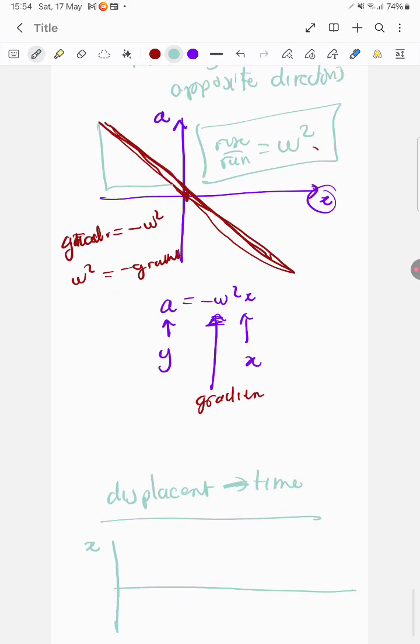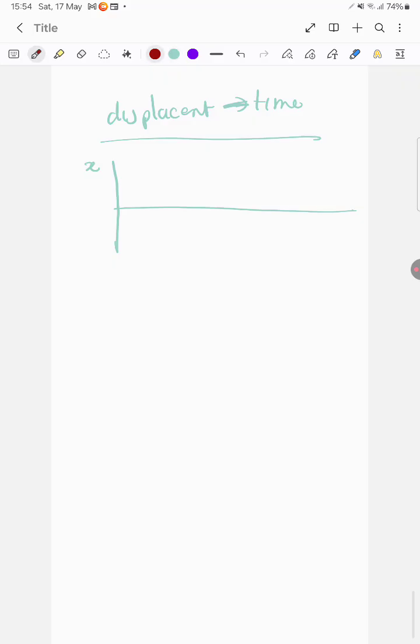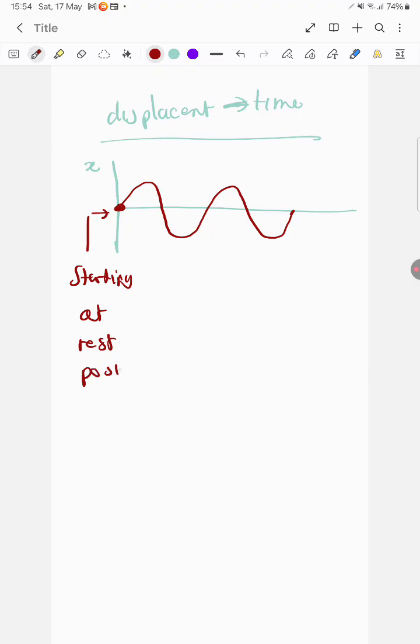If you're to draw the graph of that, it would look something like this. This is assuming you're starting at the rest position.